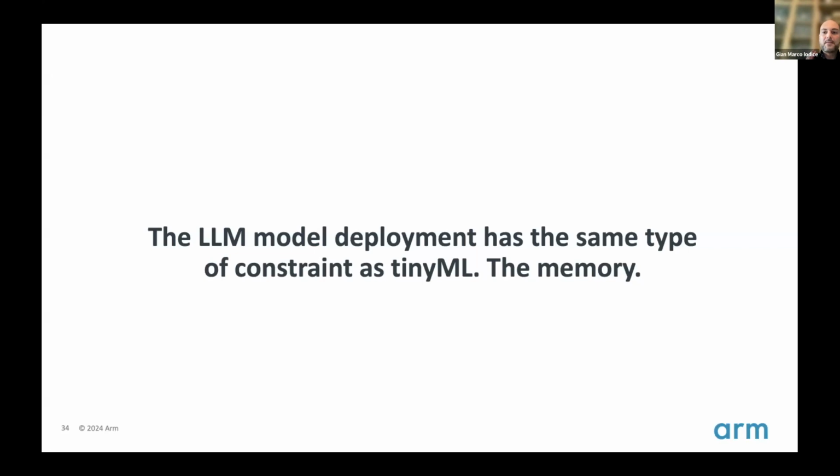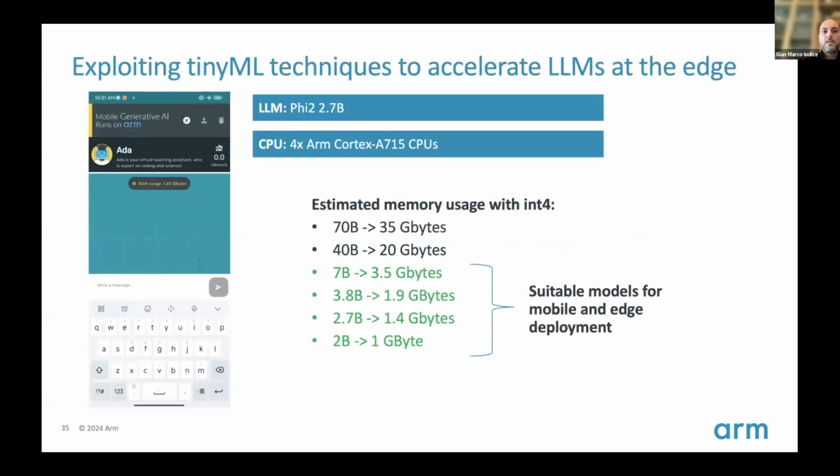Here we have exactly the same type of constraint as in SciTinyML, which is the memory. The scale is certainly different, but the type of constraint is the same. And at the beginning, I showed the video where I demonstrate a large language model running on a mobile phone.